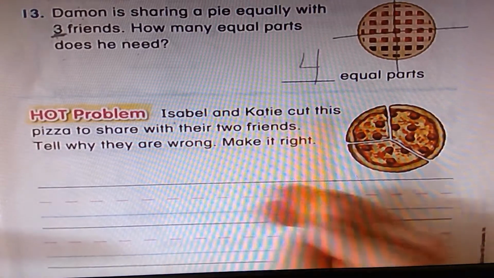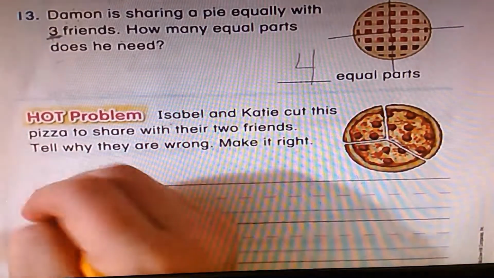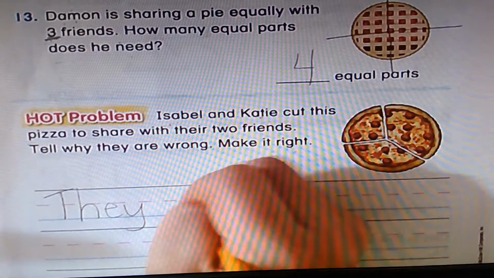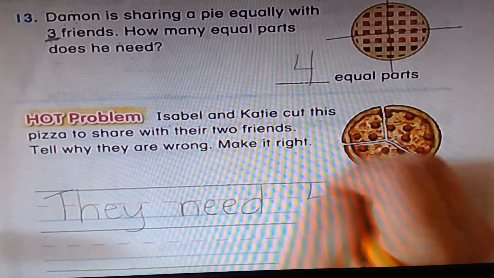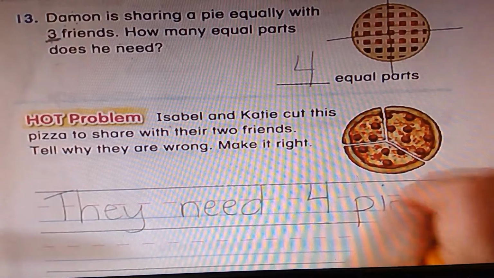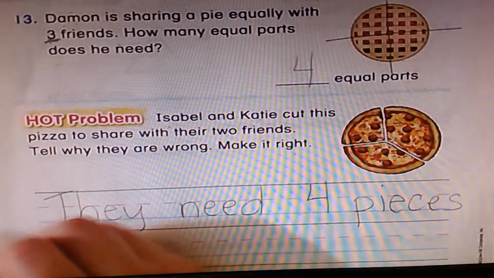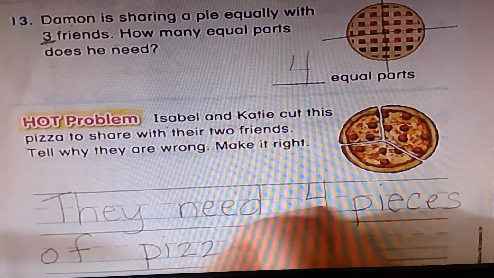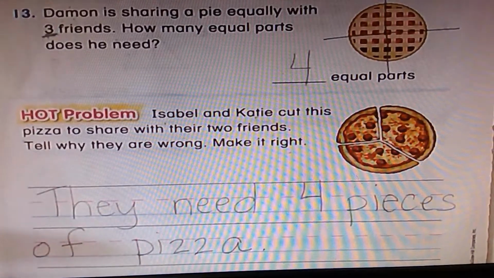Isabel makes 3. Katie makes 4. So they need 4 pieces of pizza. Okay, go ahead and pause and write that down.